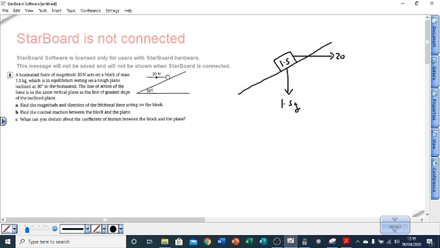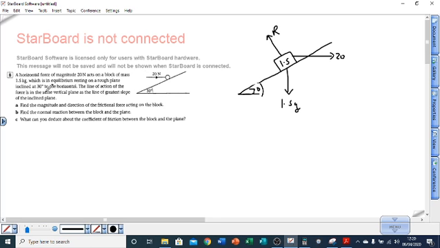The angle here is 30 degrees. Okay, we're going to need the normal reaction, I dare say, which is just there.